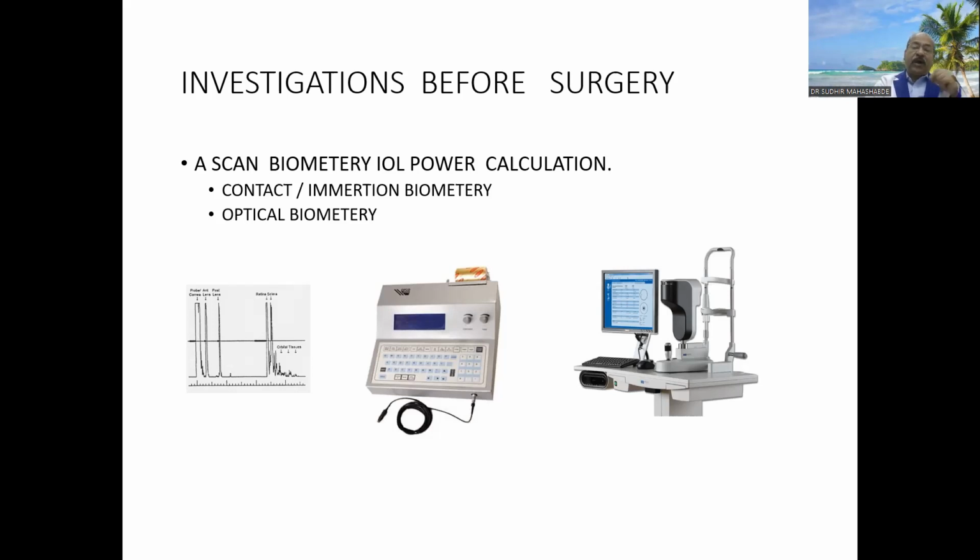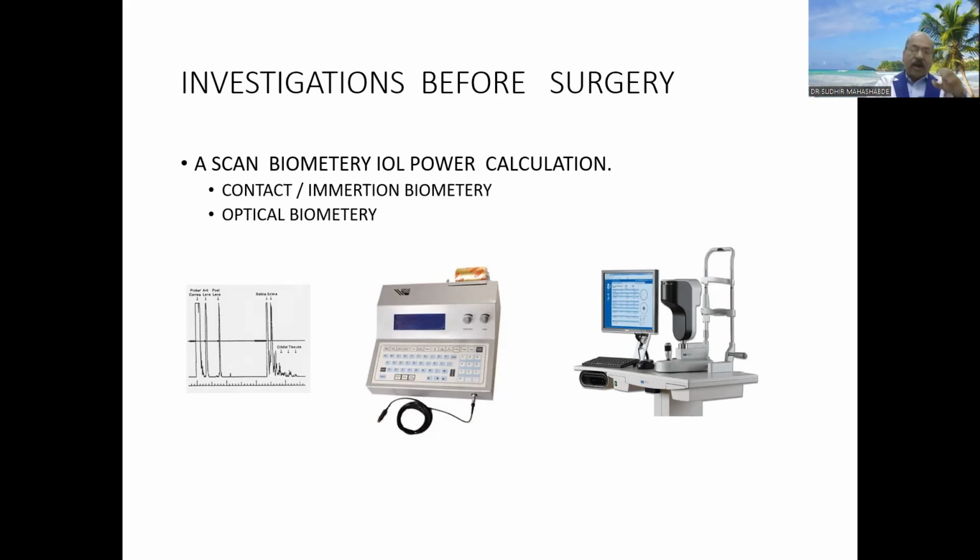If we implant a lens which has a power higher than what is required, it will focus the light in front of the retina. If it is very much converging, it will make the patient accept a myopic correction post-operatively.